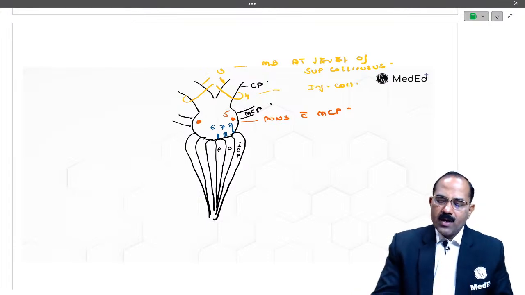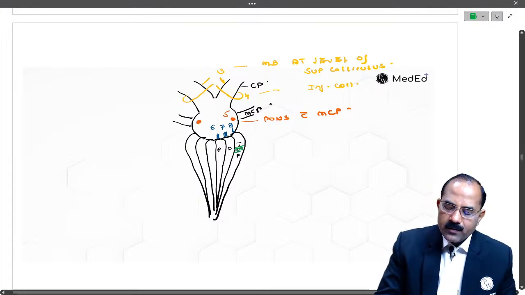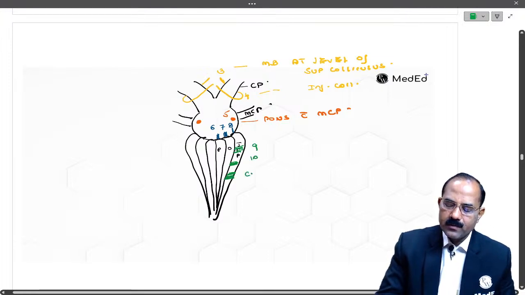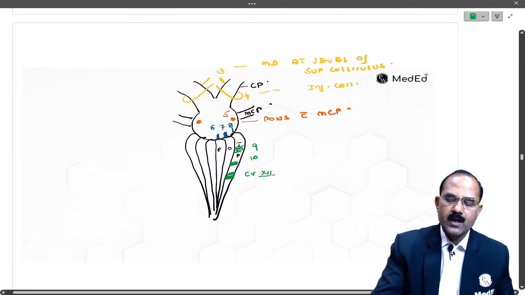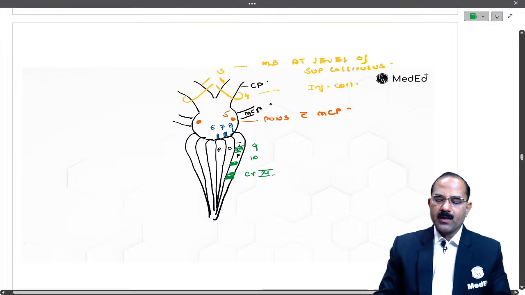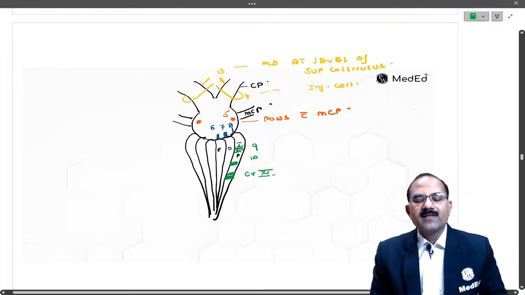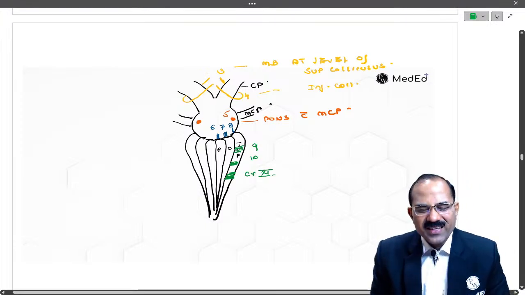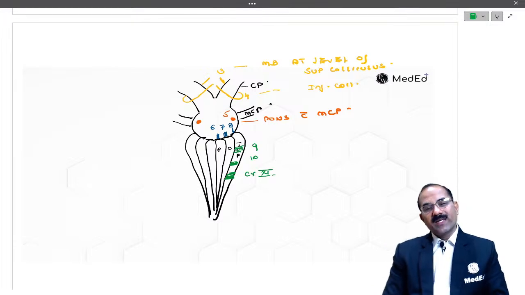Very good. What are these nerves between the olives and the inferior cerebellar peduncle? What is this nerve? Okay, nerves attached between the olives and the inferior cerebellar peduncle are ninth, 10th, and the cranial accessory. Ninth, 10th, and cranial accessory.